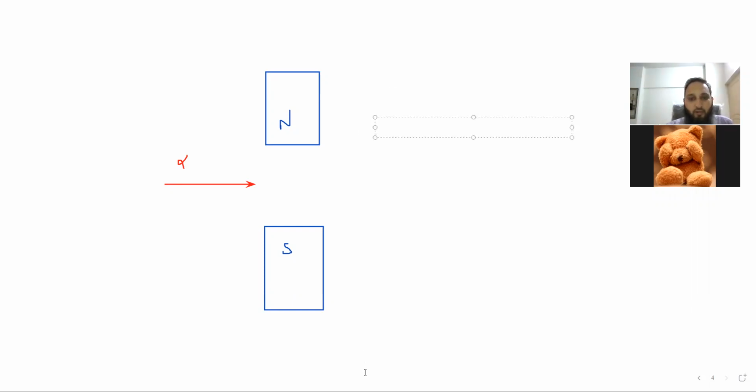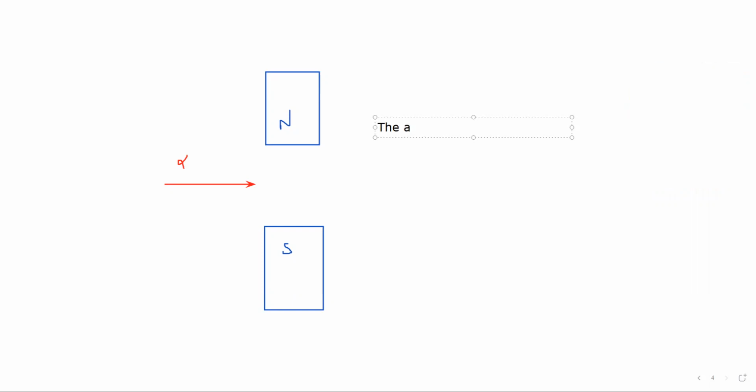So in this case, what happened? The particle is moving perpendicular to the magnetic field. Perpendicular means 90 degrees.